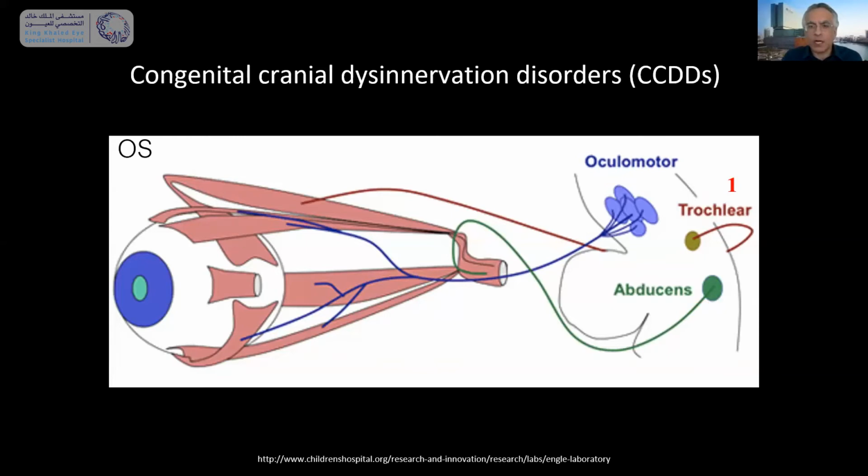You can have a problem with formation of the cranial nerve nucleus, or you can have a problem with the axon getting from the cranial nerve nucleus to its target. I like to think about CCDDs in these three broad categories. It helps sort things out.